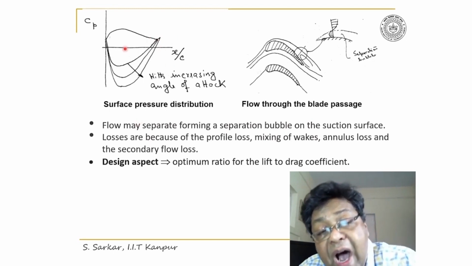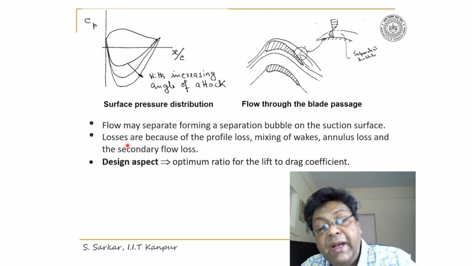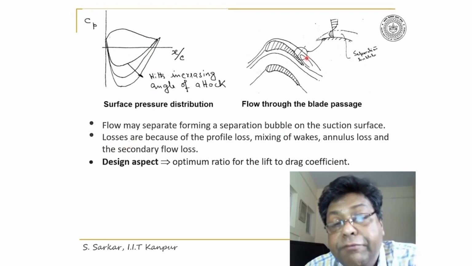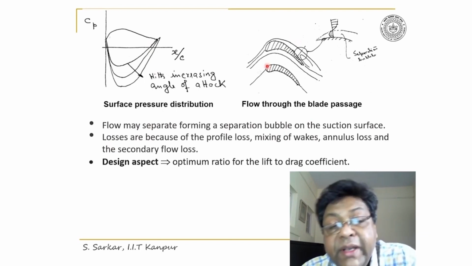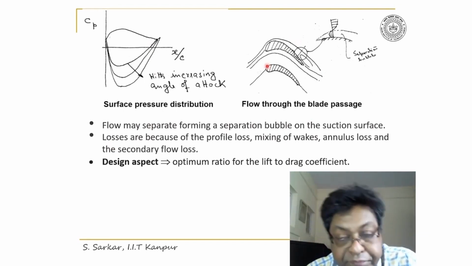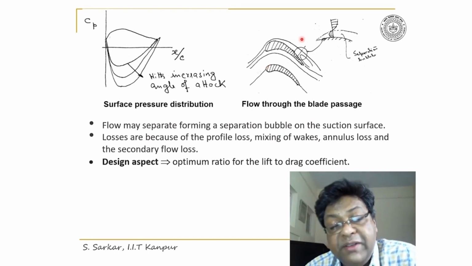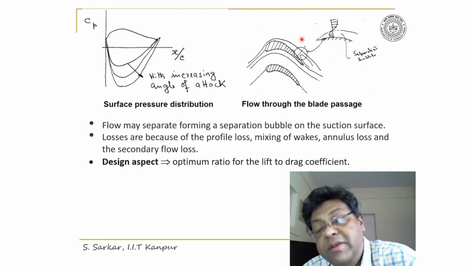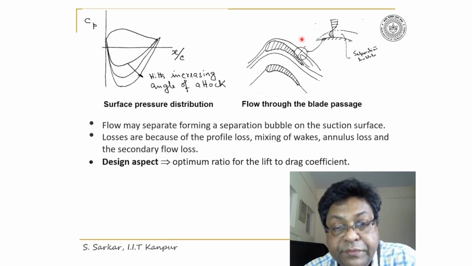And because of this high adverse pressure gradient, often for a high angle of attack, the flow separates on the suction surface, forming a separation bubble. This separation of flow on the suction surface is not desirable. That would increase the losses.